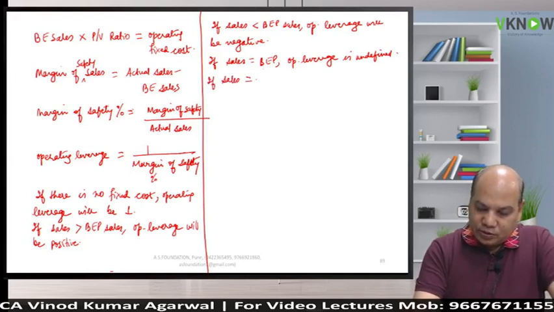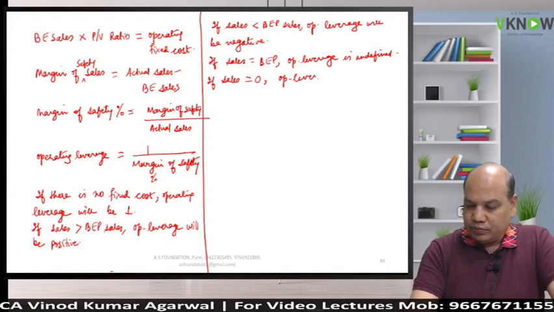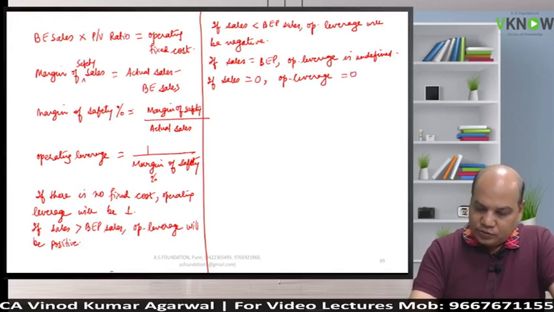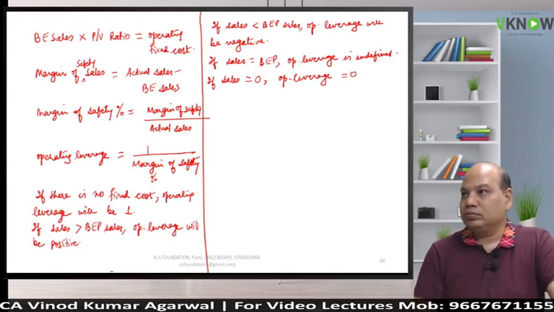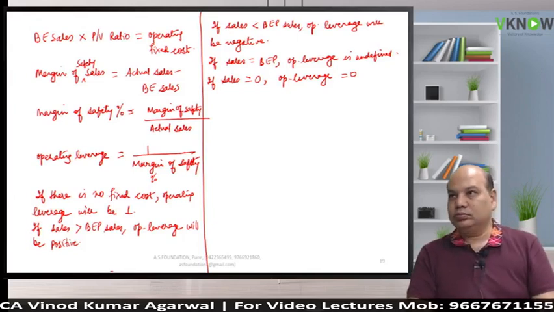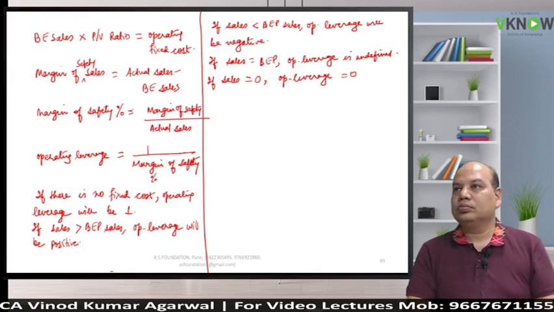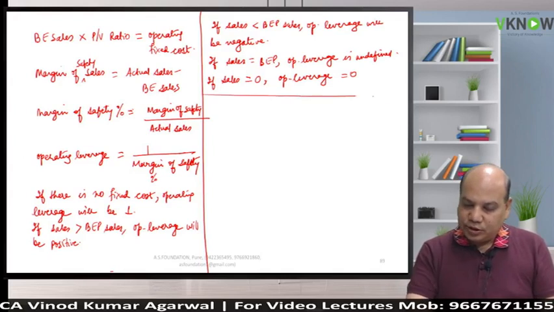If sales equal to 0, operating leverage is 0. Is it right? Up to this you have written.